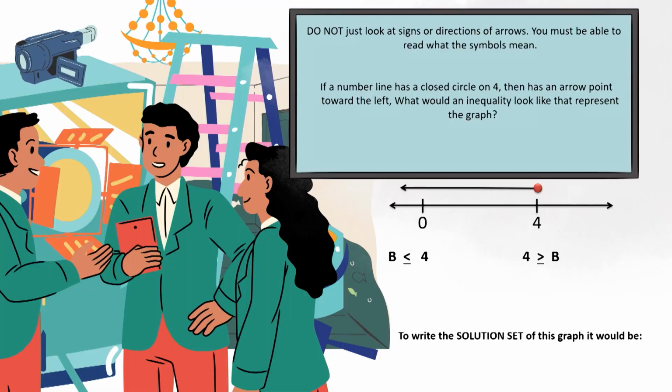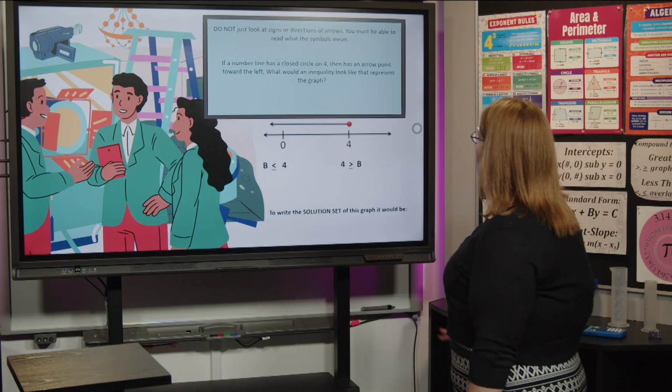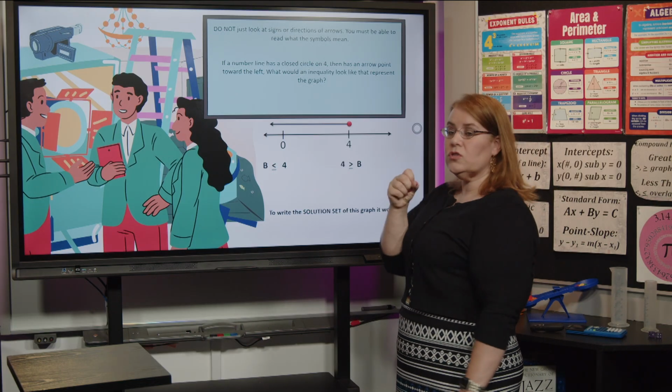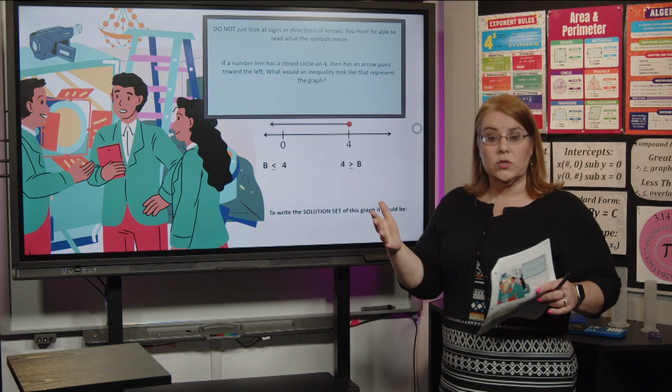It says, do not just look at signs or directions of arrows. You must be able to read what the symbol means. If a number line has a closed circle on 4, then has an arrow pointing towards the left, what would an inequality look like that represents this graph? So let's see. I have a closed circle, so I'm going to have some type of equal to.